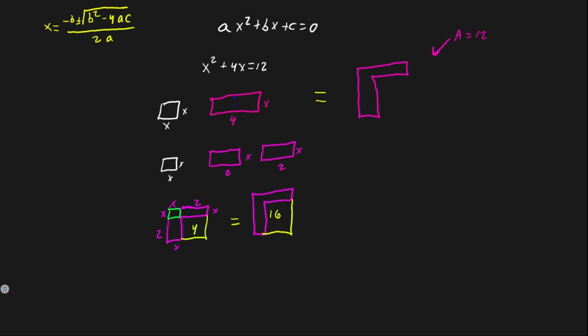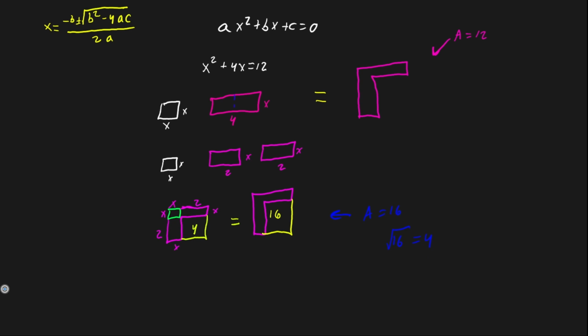And going ahead to complete the square, we're basically going to take the square root of the new square that we have. So here we have area is equal to 16. And we want to take the square root of the new area of our square, so the square root of 16 is equal to 4.